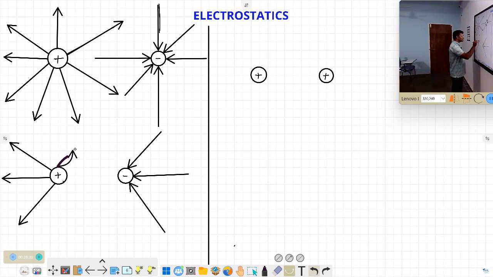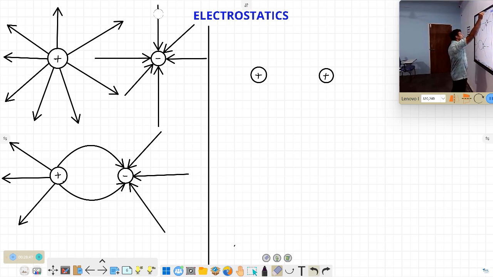So this is the way the electric lines of force start from the positive and end at the negative. I have taken one line here, and one more line here. So in the case of plus and minus, some lines go away, and some lines go towards the negative charge like this.